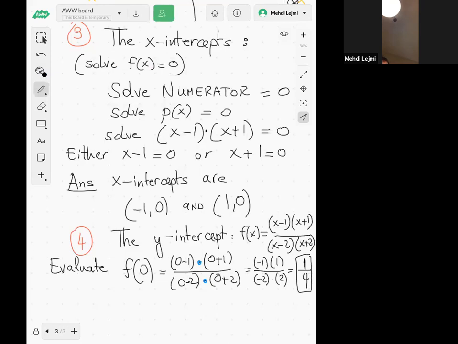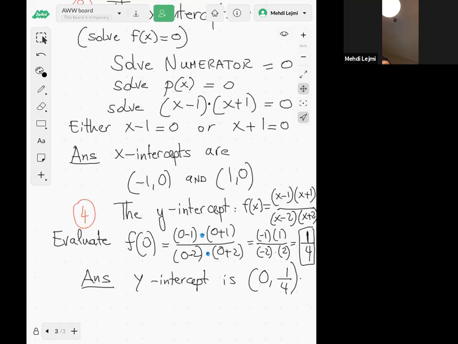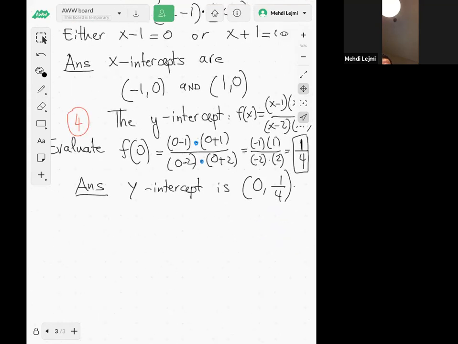So the y-intercept is 1/4. So it's 0 and then 1/4. Okay, now we are good. We can try to graph our function f.